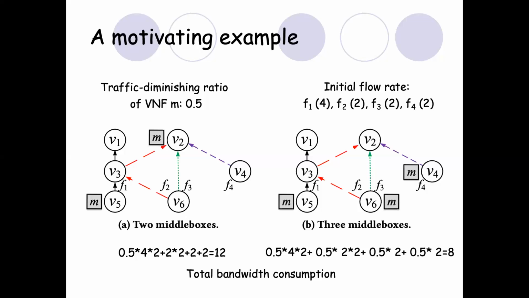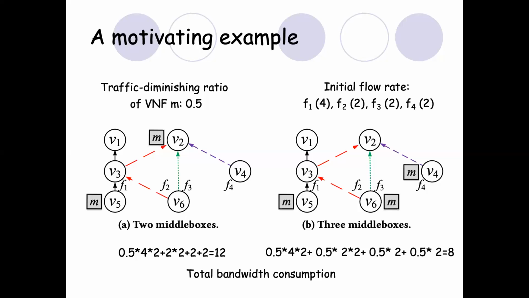Its initial rate is 4, and its consumed bandwidth on both links, V5 to V3 and V3 to V1, is 0.5 times 4, which is 2, because of the deployed middlebox on V5. Then the total bandwidth consumption of F1 is 2 plus 2, which is 4. In the same way, we can calculate the total bandwidth consumption is 2 times 4 plus 4, which is 12.